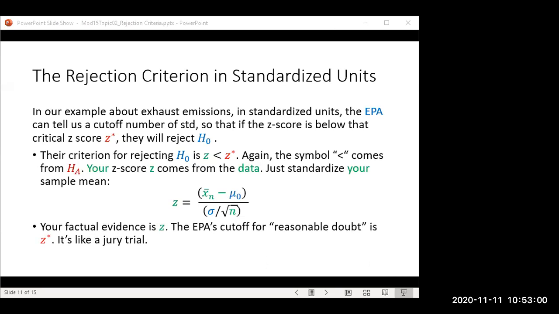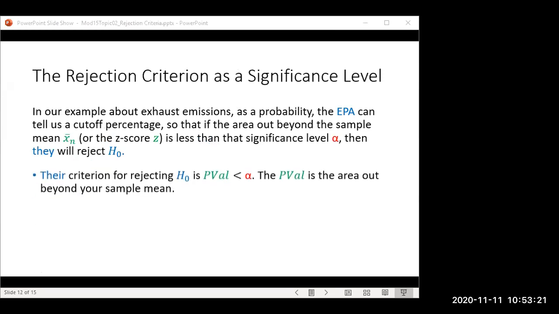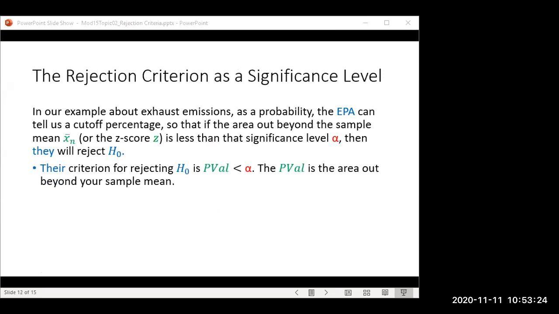So again, it's like a jury trial. Your evidence is Z, and how low does Z have to go to eliminate reasonable doubt? The criterion for reasonable doubt is the Z star. Or as a significance level, you get a sample mean X bar, and then you say, well, how likely was that under the null hypothesis?